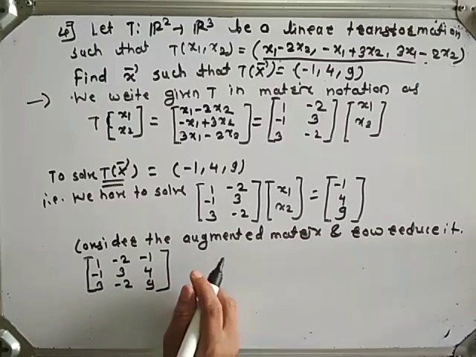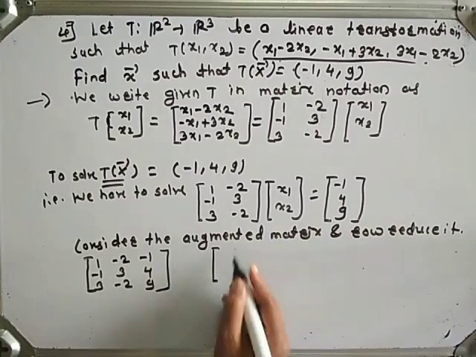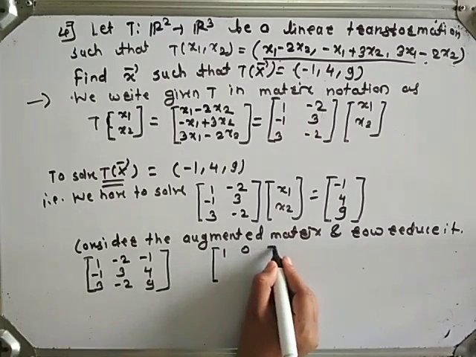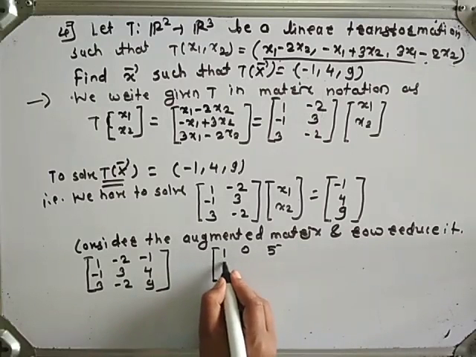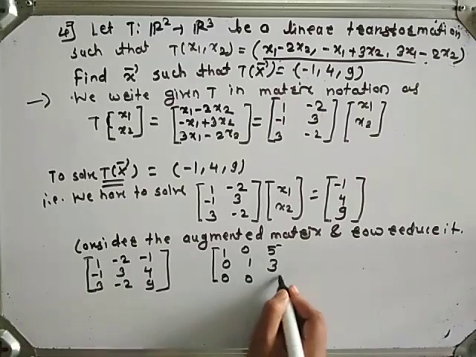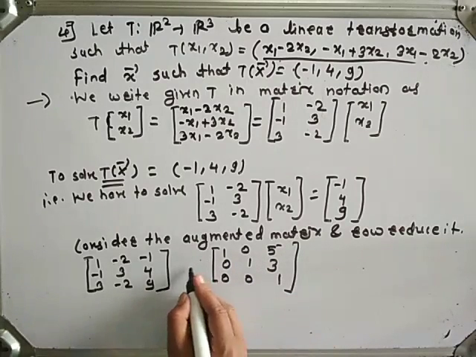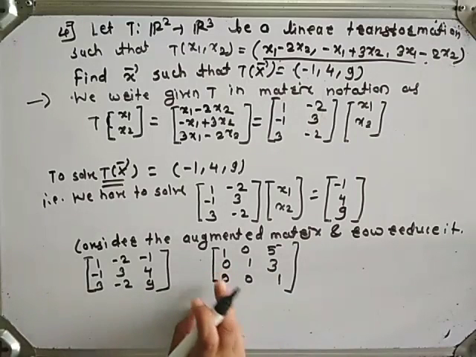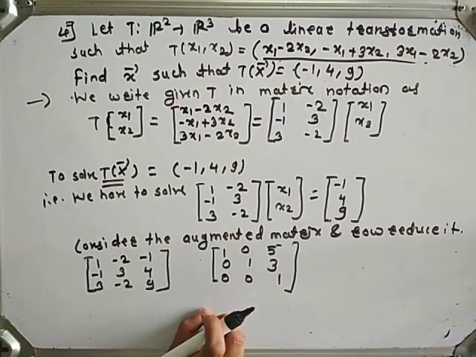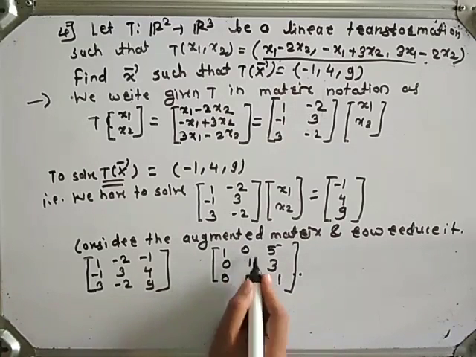Its row reduced form is the matrix with rows (1, 0, 5), (0, 1, 3), (0, 0, 1). Obtaining this row reduced form of this matrix is homework for you.